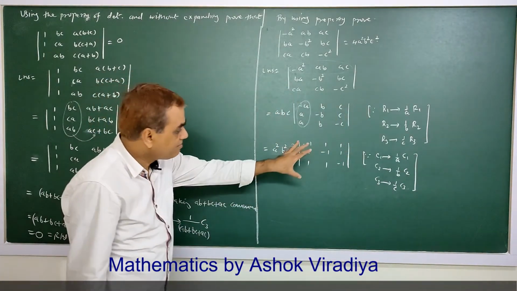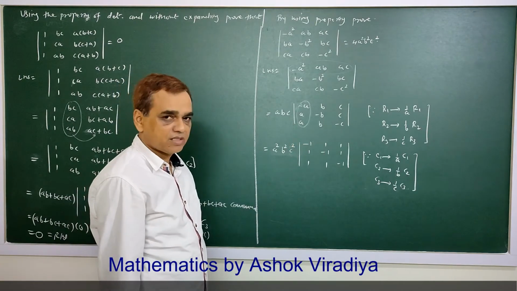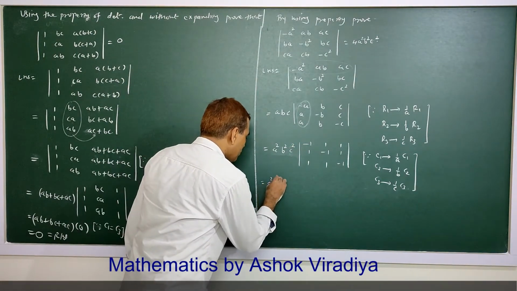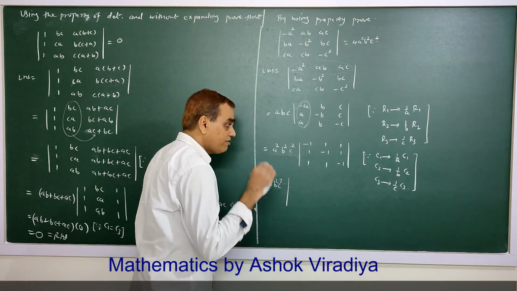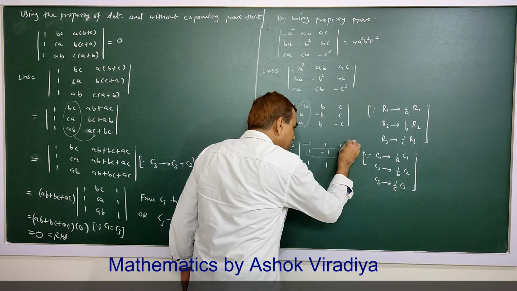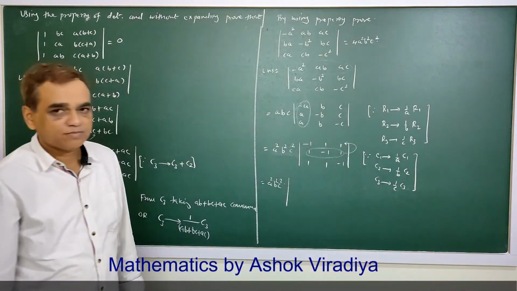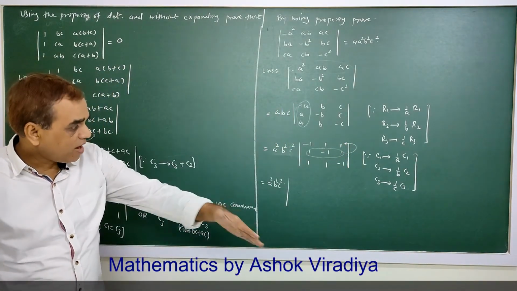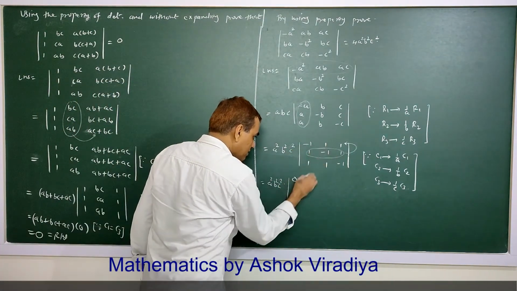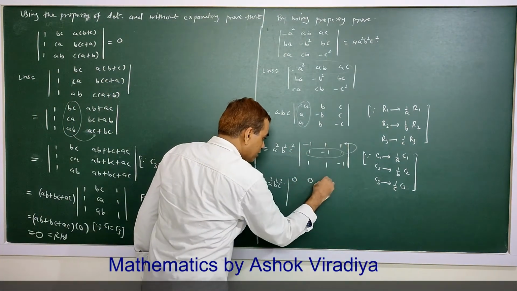Now these are very simple numbers. A square, B square, C square into. Now see what we do. Second row I am adding in first row. This will be 0, this will be 0, this will be 2.